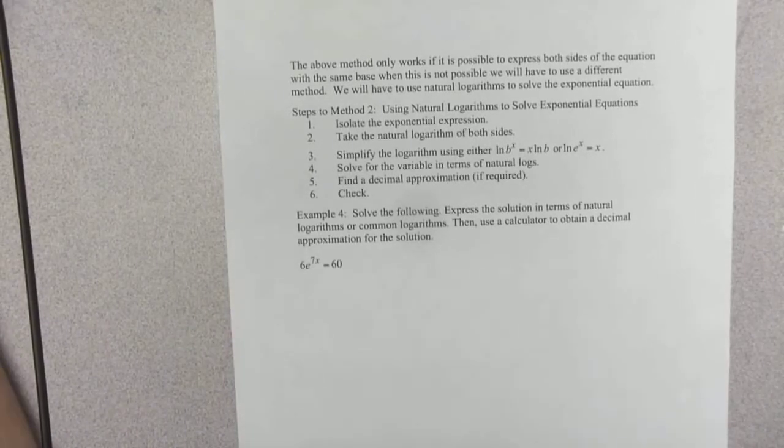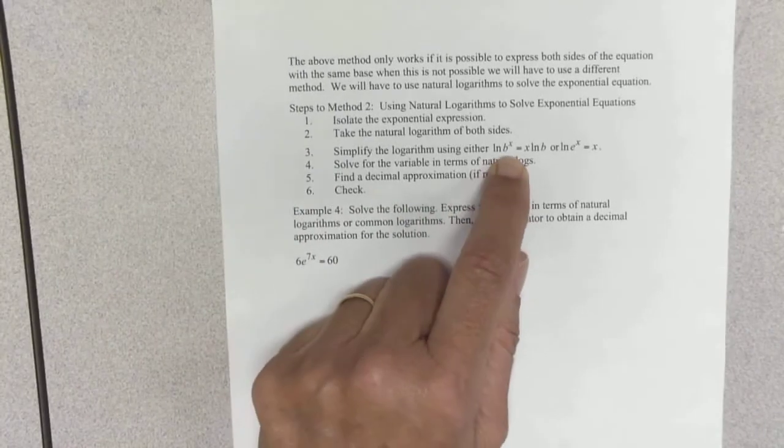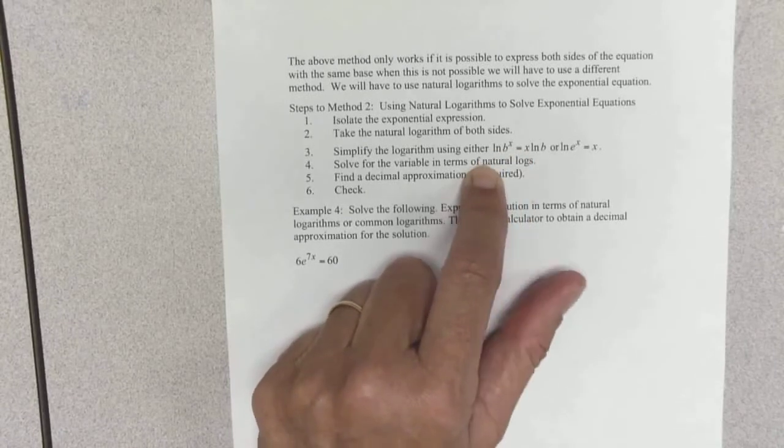Using natural logs to solve exponential equations. 1, isolate the exponential expression. 2, take the natural log of both sides. 3, simplify the logarithm using either natural log of b to the x equals x times natural log of b, or natural log of e to the x equals x. The first one is just the power rule of logs, that exponent can come down in front.